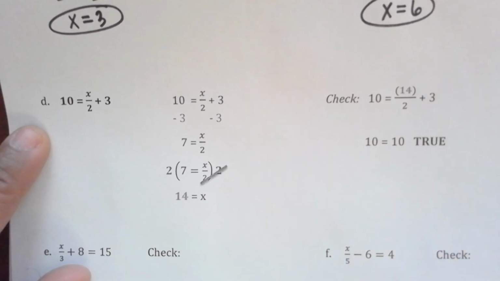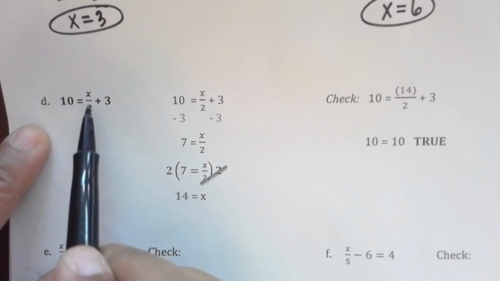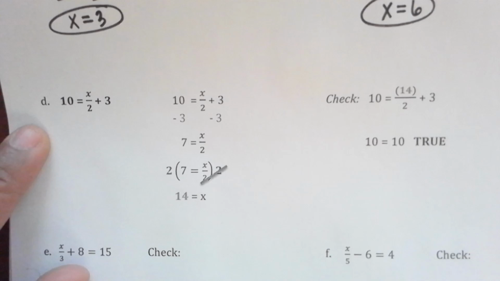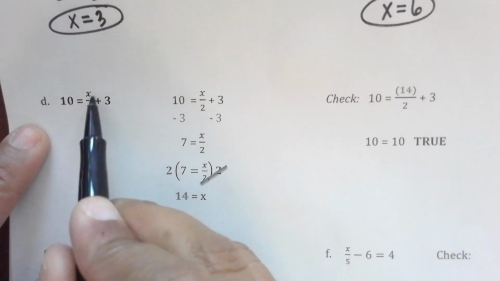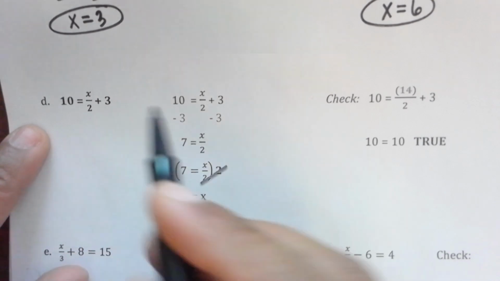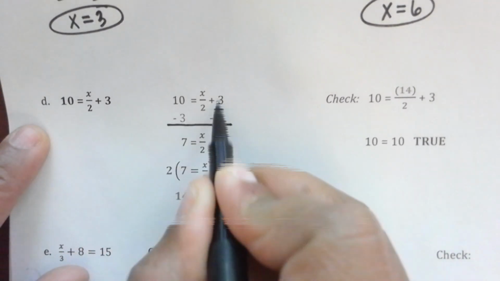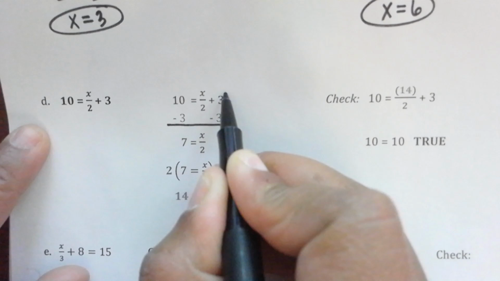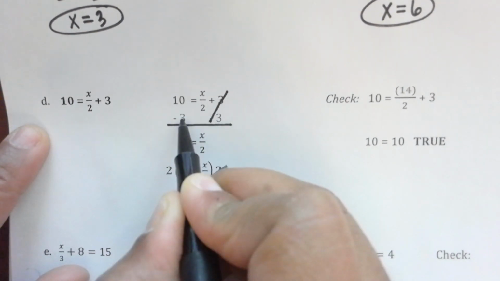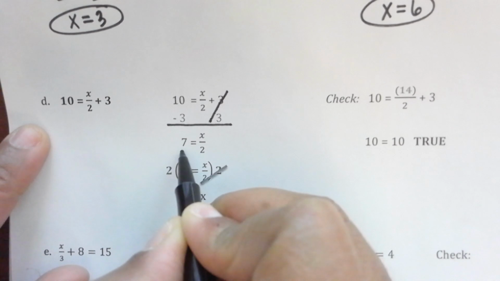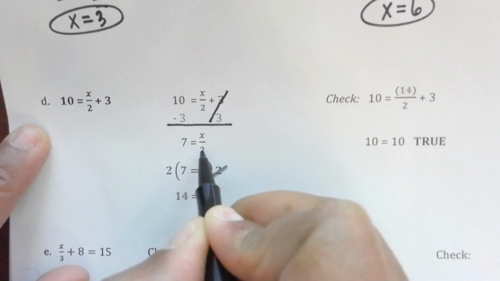So, looking up here, I have 10 equals x over 2 plus 3. The same rules still apply. Moving the constant first is the most appropriate move in this case. So, if I were to move the constant, I would have to do what to the 3? Subtract it, and that's where they're showing right here. So what happens to these 3's? We have to type in 10 minus 3, which gets us 7, equals x over 2.